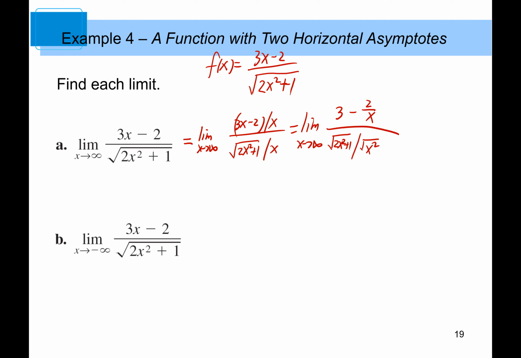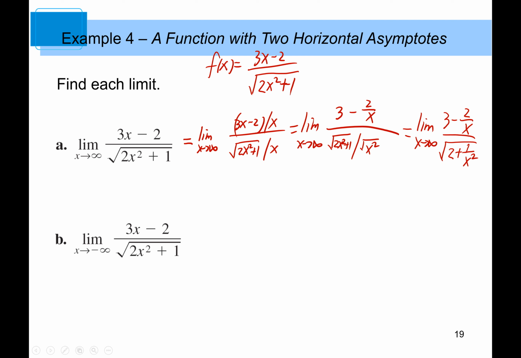After that you can just divide it. Since x is positive, we get the limit as x approaches infinity of 3 minus 2 over x, over the radical of 2x squared over x squared, which is 2, plus 1 over x squared.